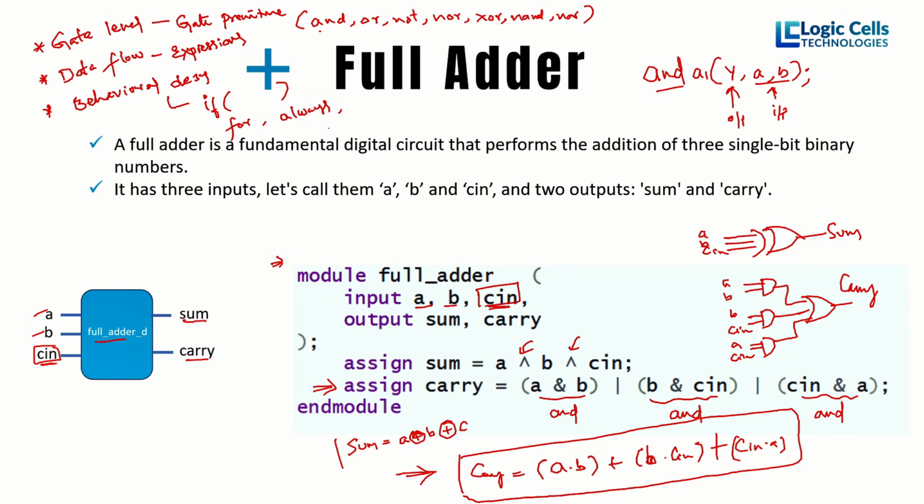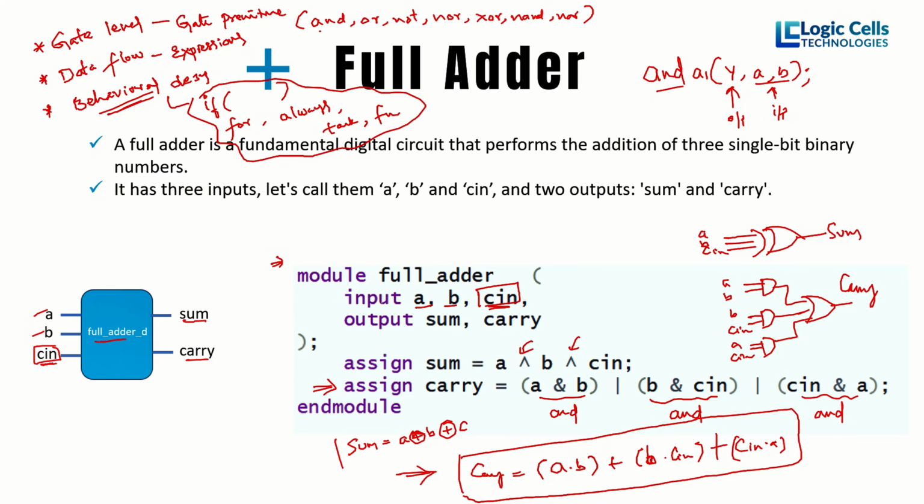Then we can use other advanced constructs. Let's say tasks can be written, functions can be written. So all these come into the picture when you are implementing your design at a behavioral level. Behavioral level means how the behavior of your design is, that you will be writing as code.